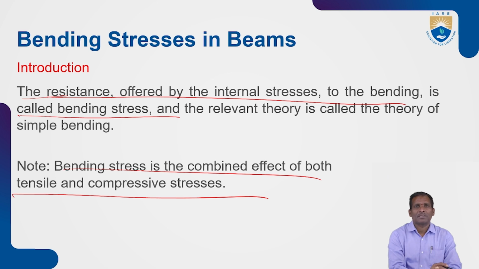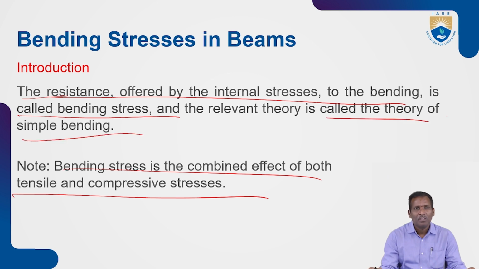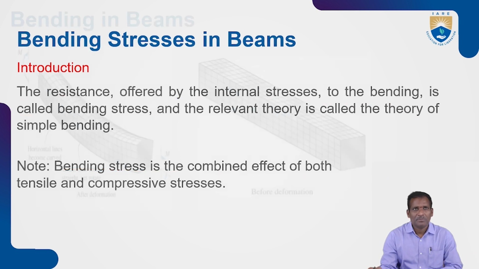The relevant theory is called pure bending theory, or the theory of simple bending. We have already derived the bending equation also. But this bending stress is the combined effect of both tensile and compressive stresses.